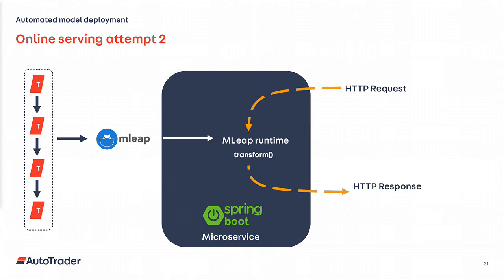That provides a transform method that works just like Spark's transform method. And then as the HTTP requests come in, we were able to generate those predictions and serve them out in the response. And this was much more scalable. It handled concurrency much better, as well as being vastly lower latency. So we saw response times drop from around 500 milliseconds with Spark down to about 30 milliseconds with MLeap.